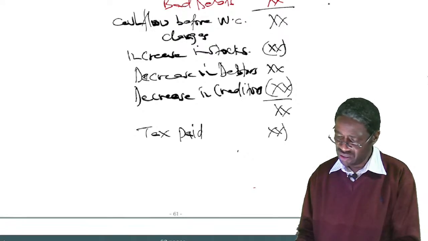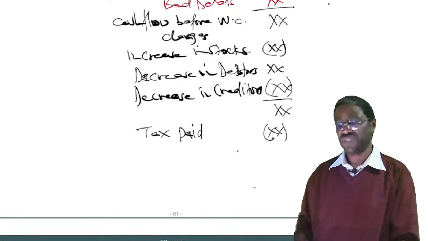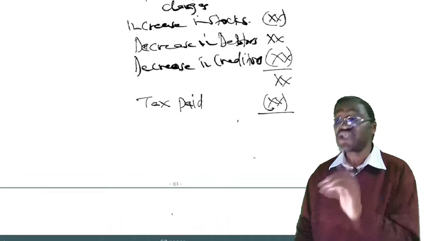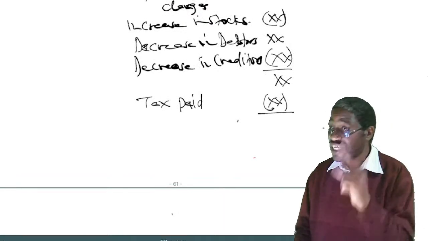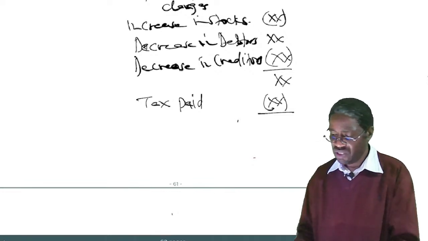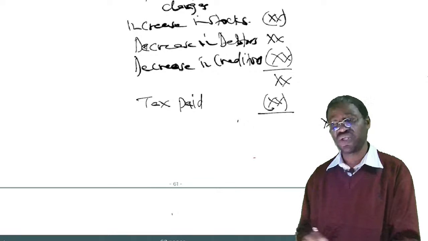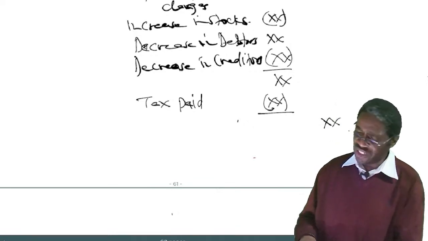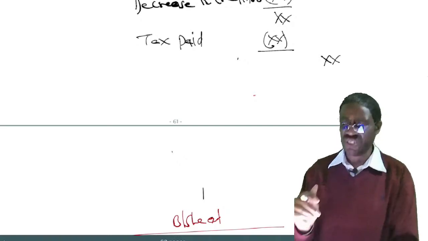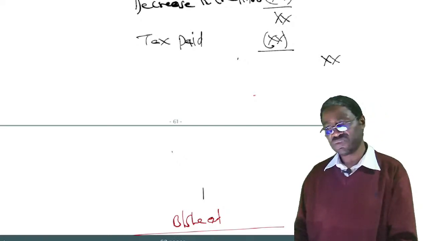Once you minus tax paid, the net you get is what you push to the extreme. That could be either a positive or a negative.